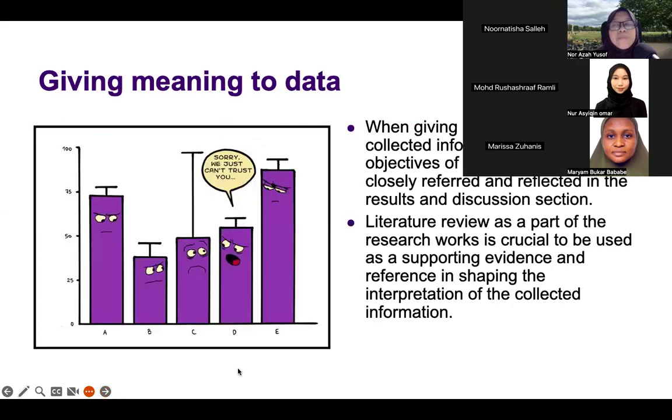Now we have bar charts, and we have here standard deviation. Some of you who left statistics a long time ago probably don't remember, so we will discuss standard deviation and mean, don't worry. So what does it mean?